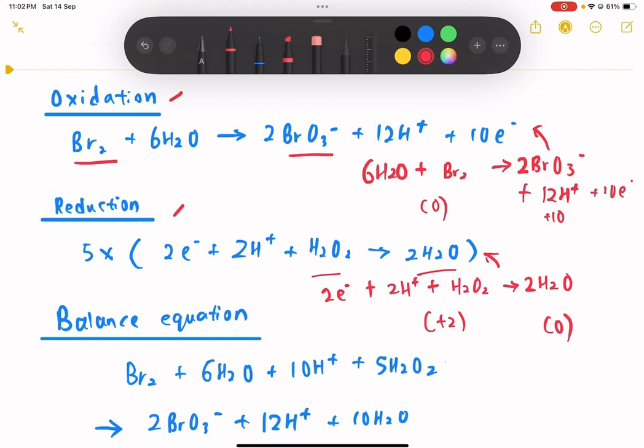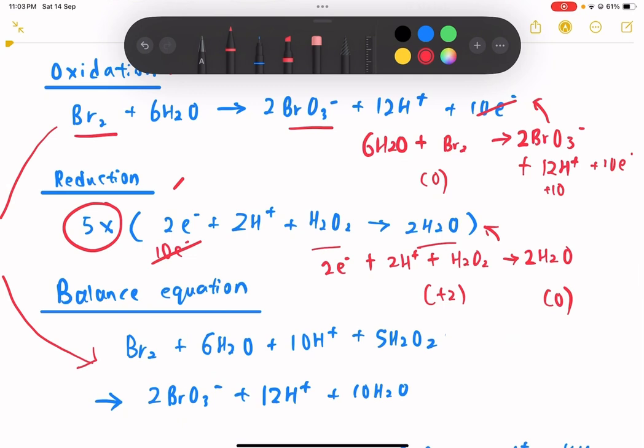So we multiply the reduction equation by 5 in order to become 10e−, and then we add. After that, just put down Br2 + 6H2O + 10H+ + 5H2O2 → 2BrO3− + 12H+ + 10H2O.